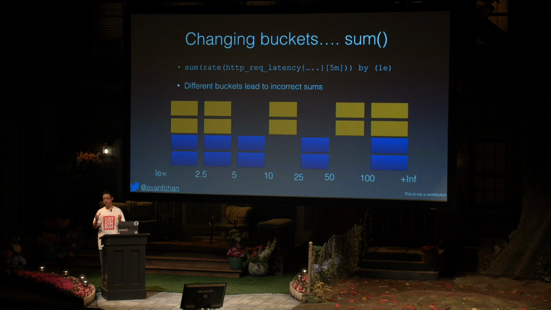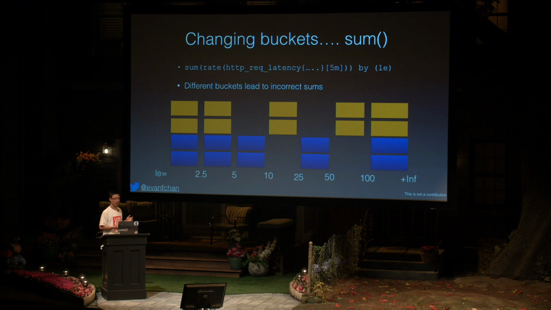You might find, I thought I needed this level of error, or 30 buckets might be enough, but I really need 100 something. Or I might need to extend the range of them a little bit. So you might find that you end up in a system with time series where the bucket definitions are not the same. And in this case, you can see that some time series have the blue buckets and some others have the orange buckets.